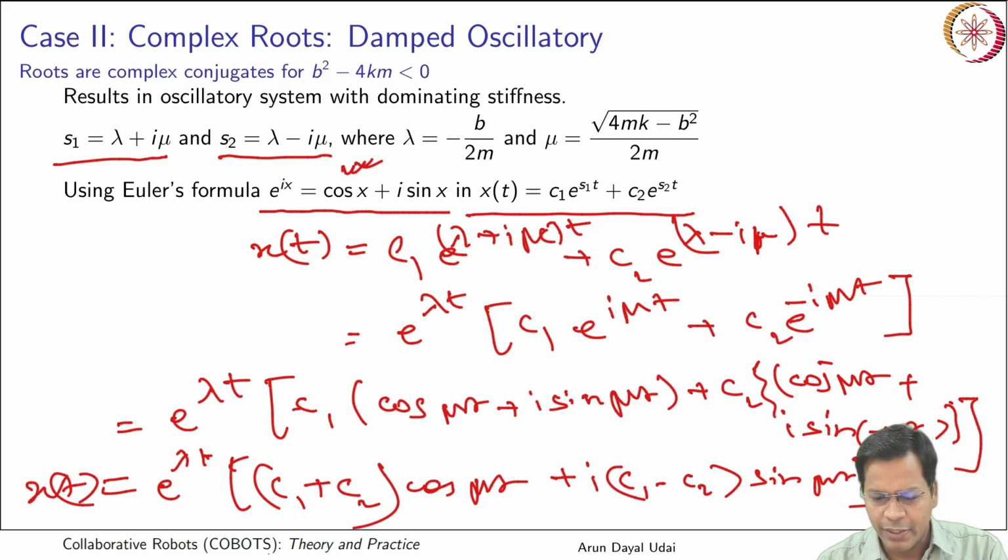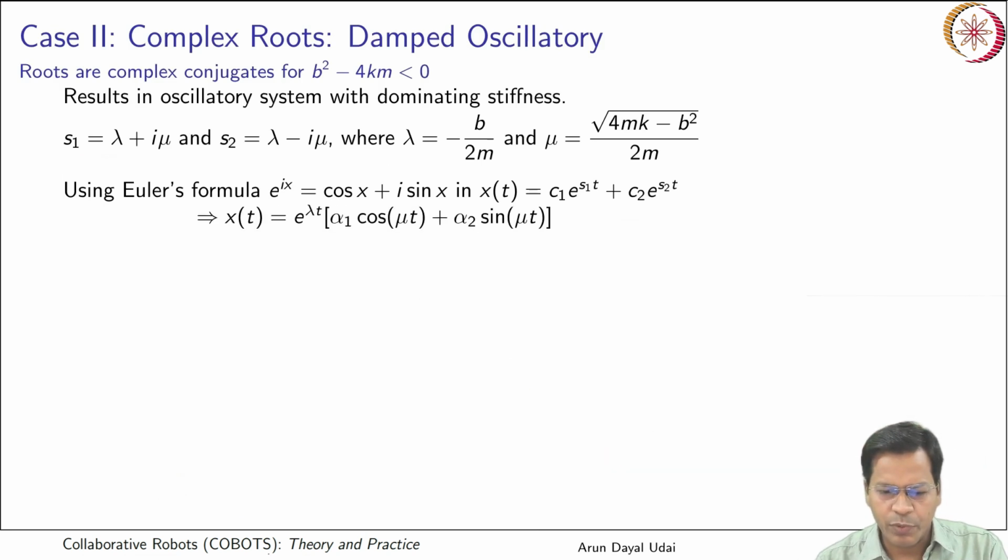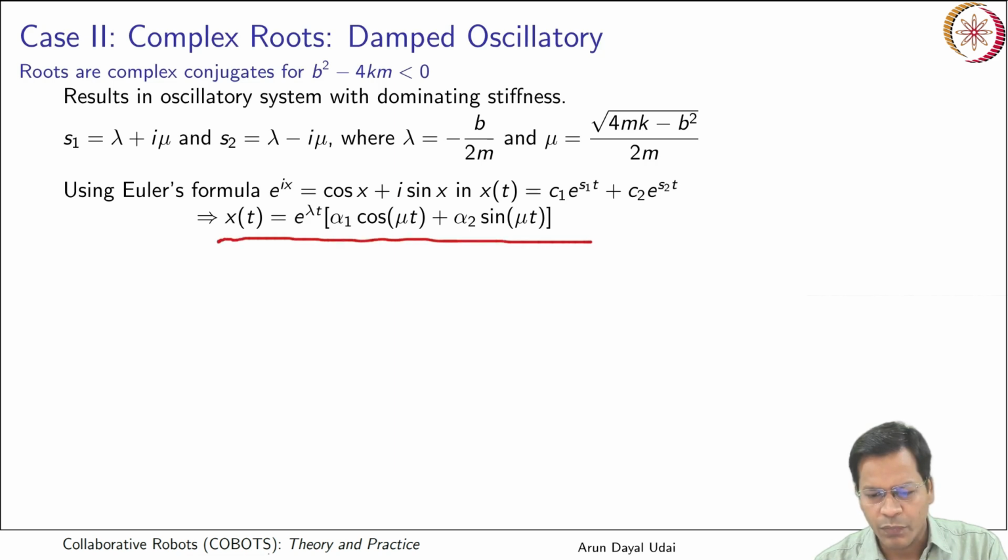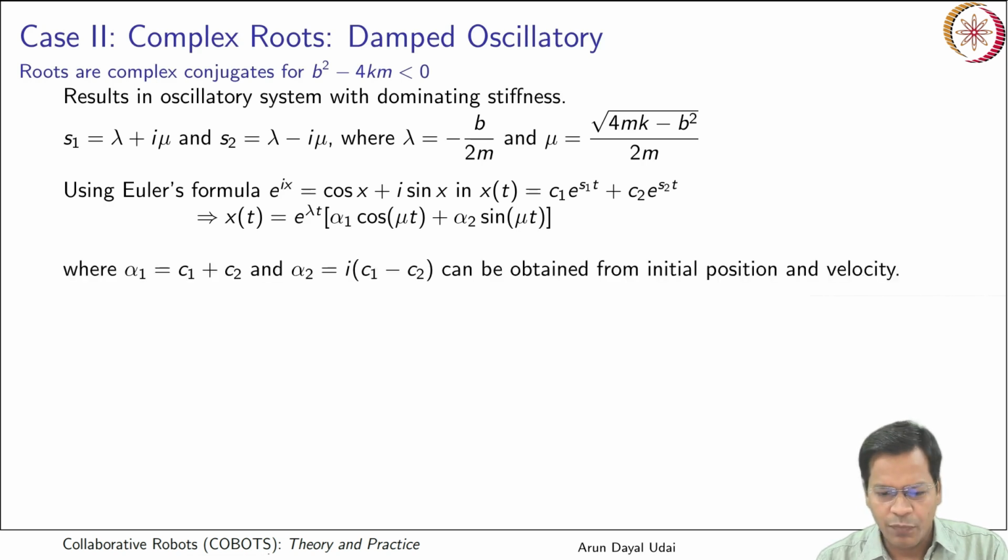So if I again take this as alpha 1 and this as alpha 2, you can proceed like this. You can write x(t) exactly like this. So alpha 1 and alpha 2 are nothing but c1 plus c2 and i(c1 minus c2).